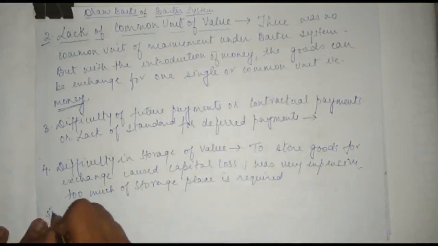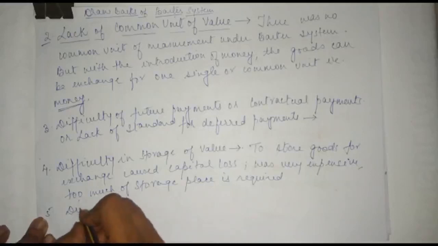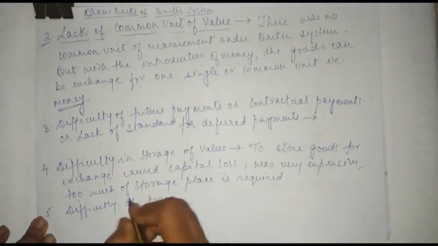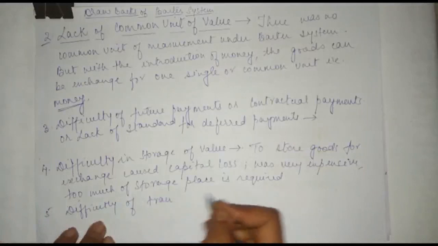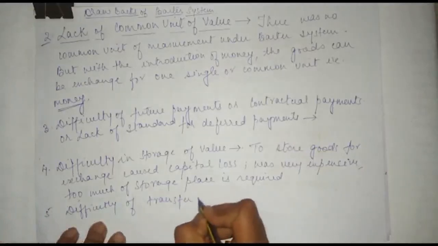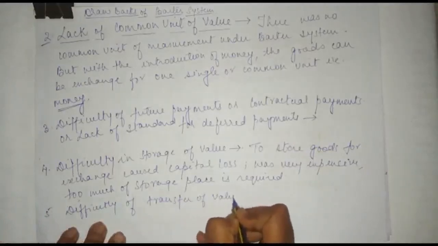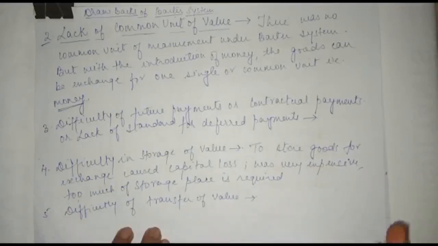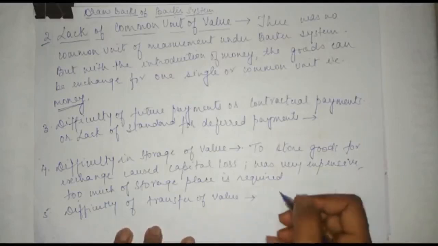And the last one is difficulty in transfer of value. Now money can be easily transferred from one place to another, but goods, in order to be transferred from one place to another, was very difficult and expensive.